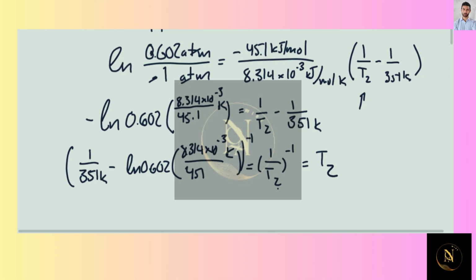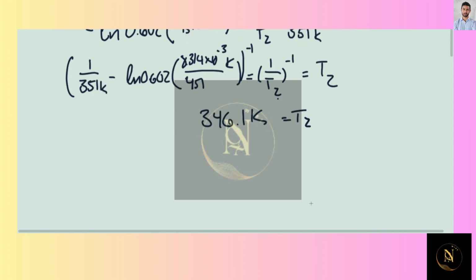And that entire thing, we want 1 over that. And I get 346.1 Kelvin. So to round to sig figs, it'll just be 346 Kelvin. So that's just using the Clausius-Clapeyron equation.